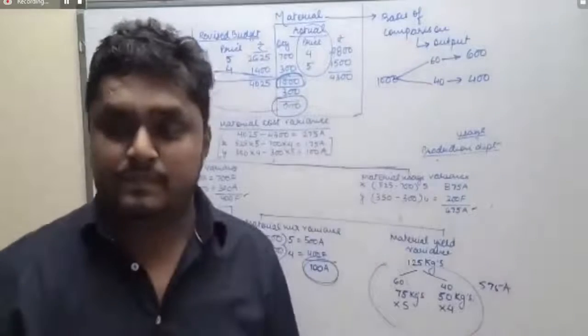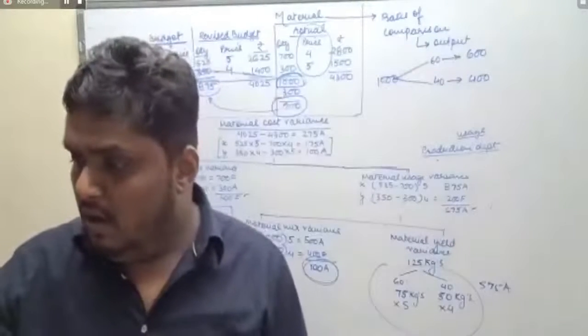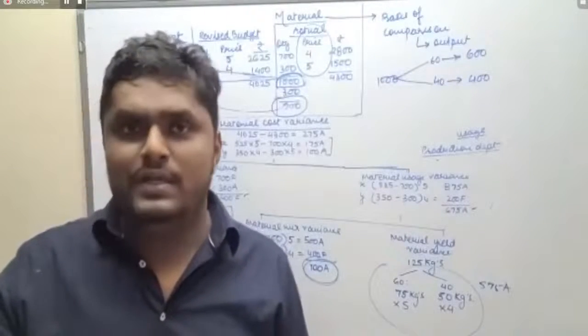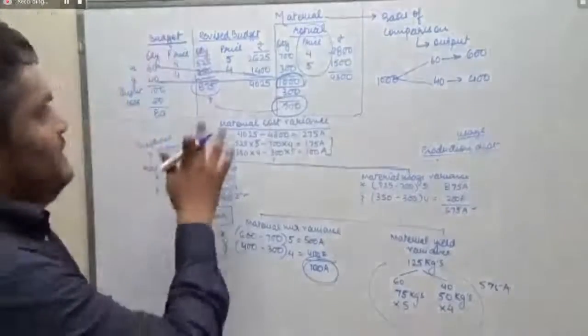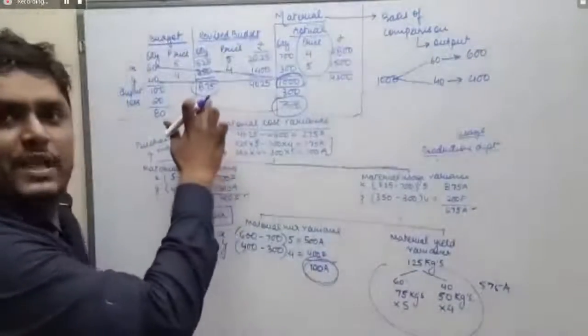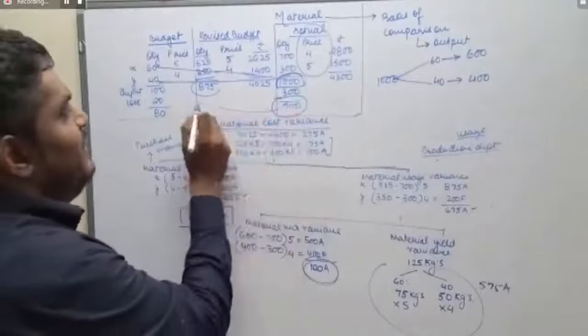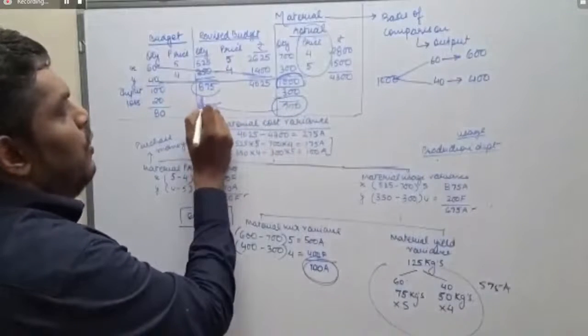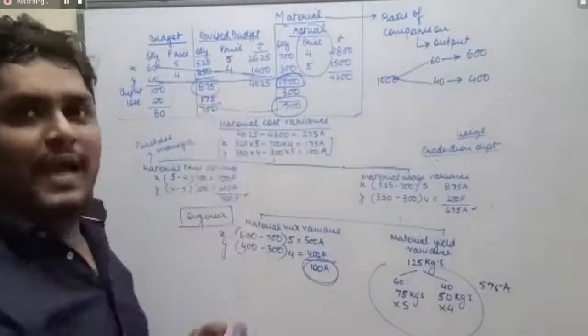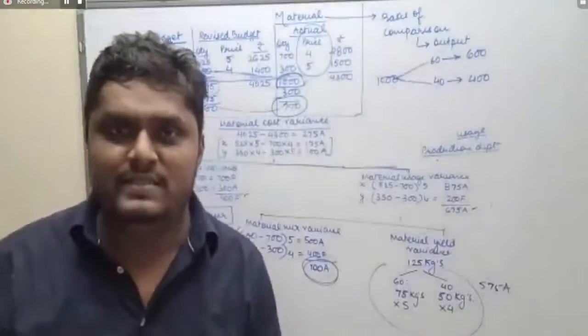575 adverse. Now there is a query, sir, why are we not considering the normal loss? See, this much input is required to manufacture 700 units. So the overall normal loss we were expecting is how much? 175 kgs.